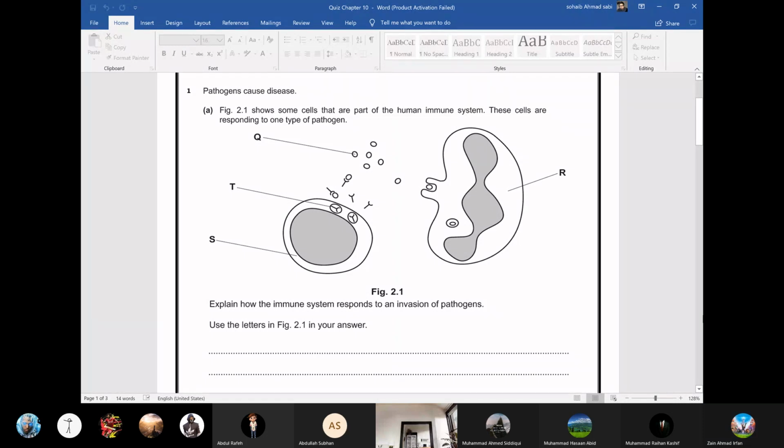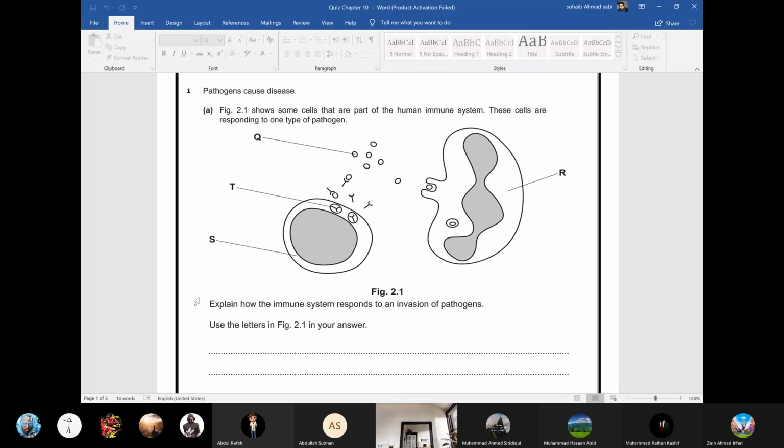The next question is: explain how the immune system responds to an invasion of pathogens. Now use the letters in figure 2.1 in your answer. Right, guys? Now, who will answer this question? Please read the statement first and then answer. The statement is: explain how the immune system responds to an invasion of pathogens.